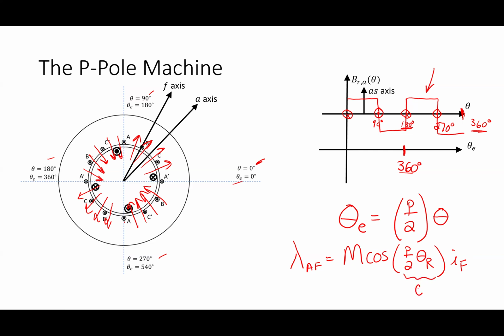As theta varies around this thing, the flux coupling varies twice as fast because the fields are moving twice as fast. In the homework, I ask you to think about it: you have some number times theta_R, and you have to figure out what that is based on the number of poles. In this particular case, P is equal to 4. This is a 4-pole machine, so it basically has twice the frequency as I go around. That's the basic concept.